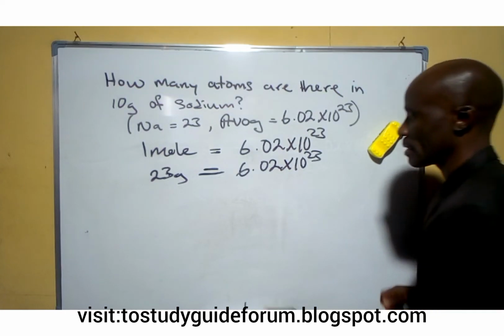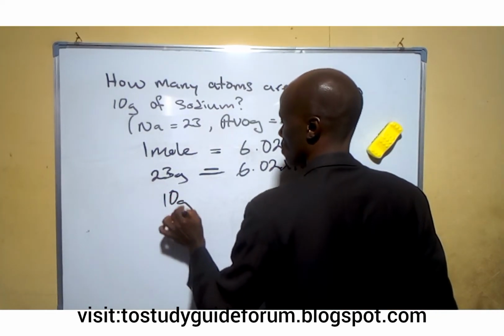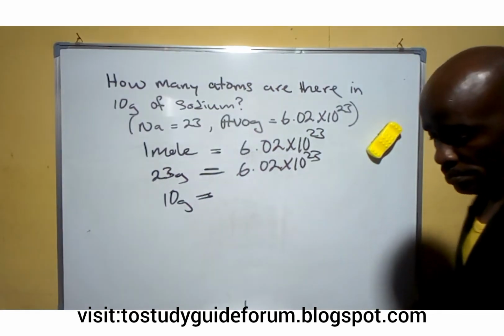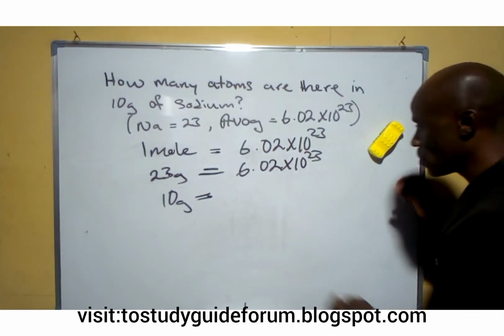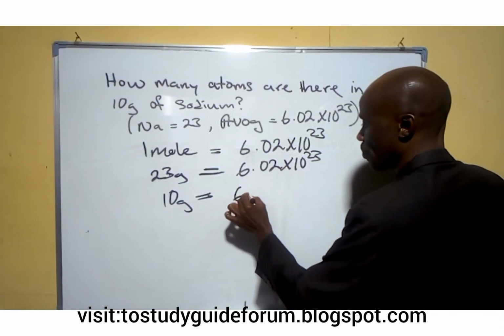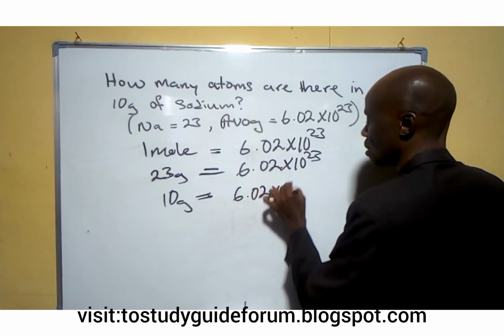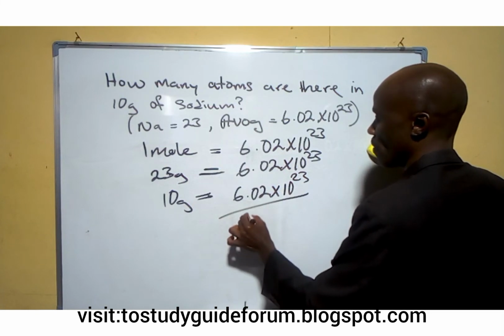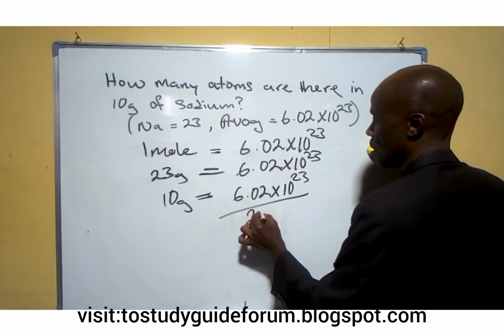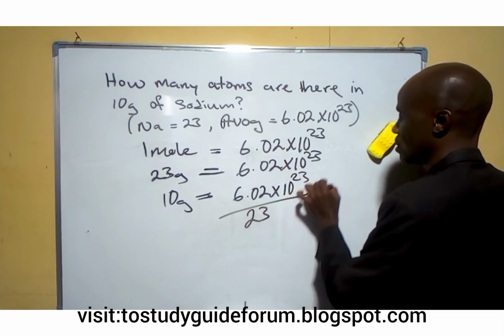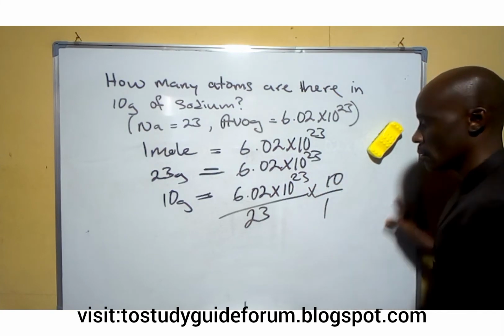10 grams will then be 6.02 times 10 raised to the power 23 over 23 times 10 over 1.